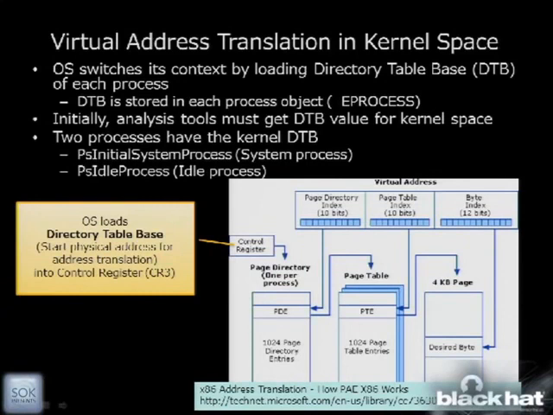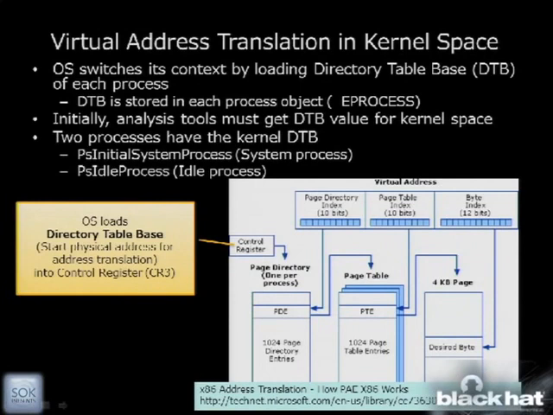Each process has different DTB values for memory protection. When the process context is switched, the OS loads the DTB of the active process into the control register. Then address translation for the process works. Initially, analysis tools must get the DTB value for kernel space because crucial metadata such as process, driver, and connection objects are stored in kernel space.